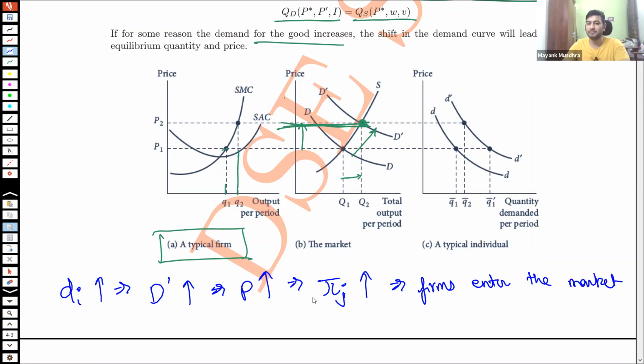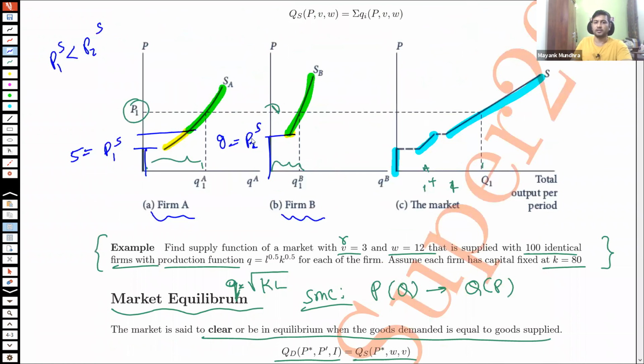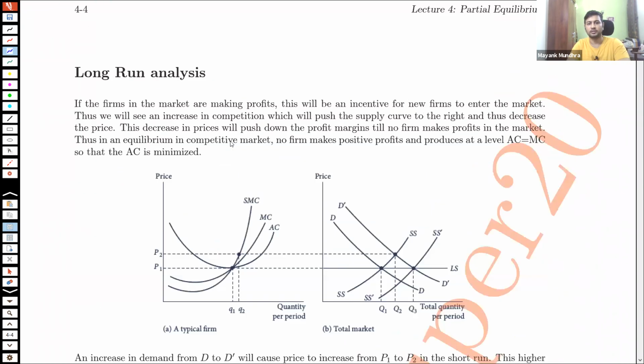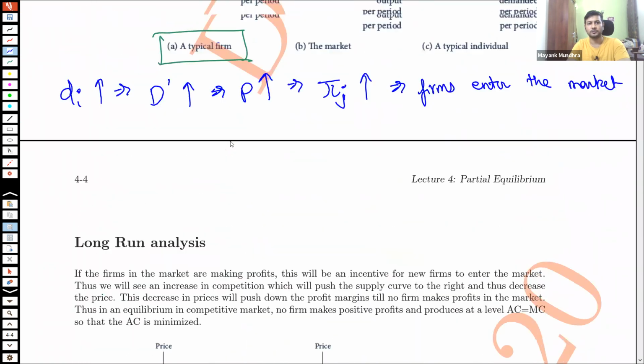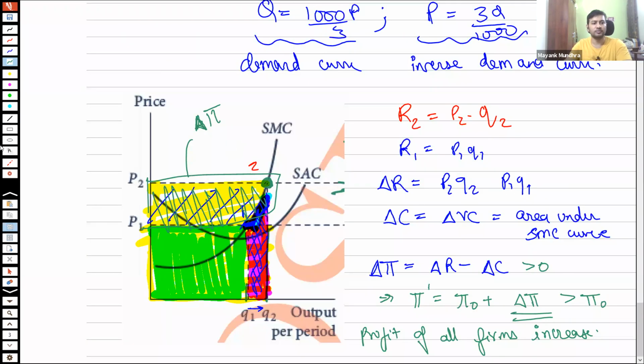Now, what would be the impact of more firms entering the market? Let us go back to this and let me draw a new curve altogether. So what happens when more firms enter the market?